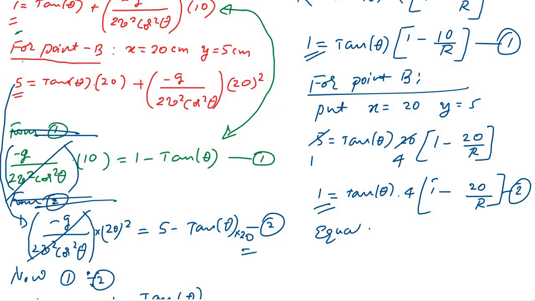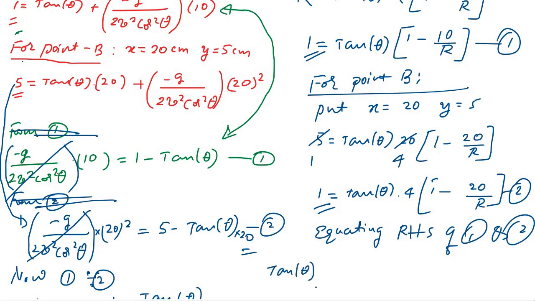Equating RHS of 1 and 2, we get tan theta multiplied by 1 minus 10 divided by r equals tan theta into 4, which is multiplied by 1 minus 20 divided by r.